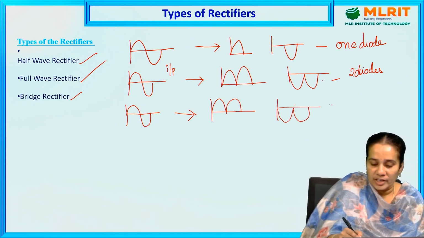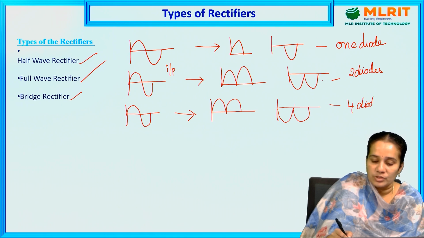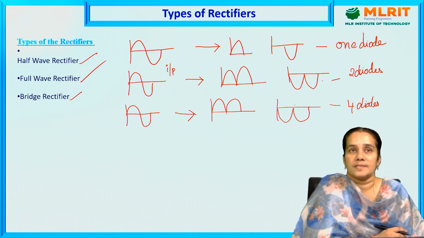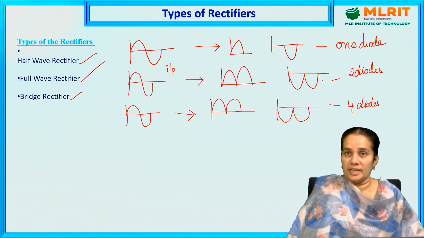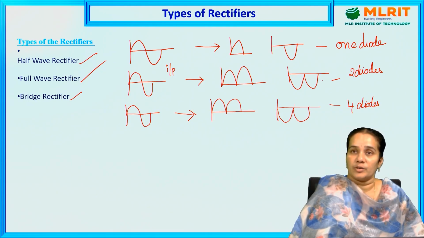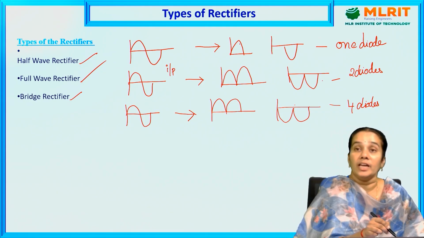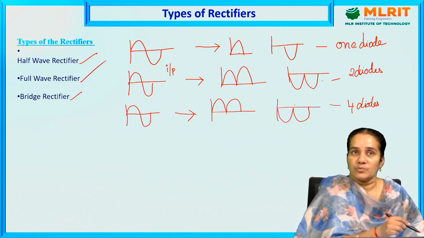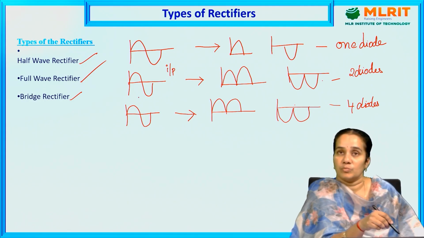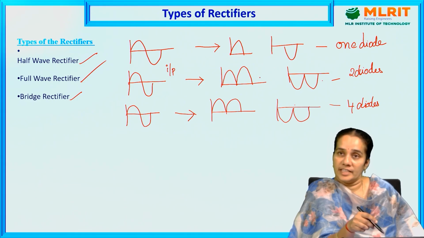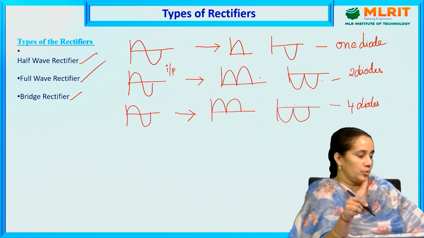For the bridge rectifier, we are using four diodes. This is about the types of rectifiers. So rectifiers are classified into three types: the half-wave rectifier, which rectifies only one half cycle, whereas the full-wave rectifier and bridge rectifier rectify both cycles.